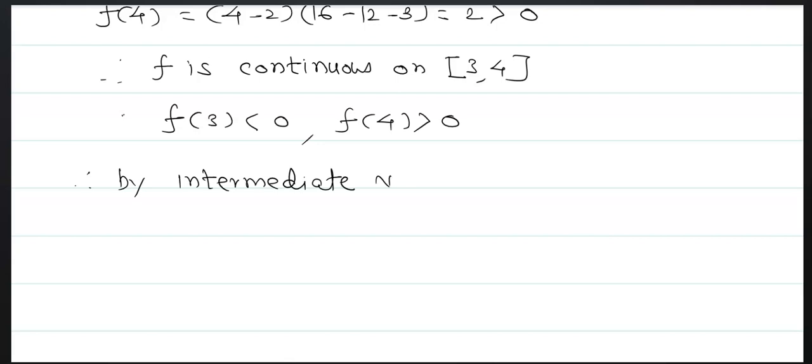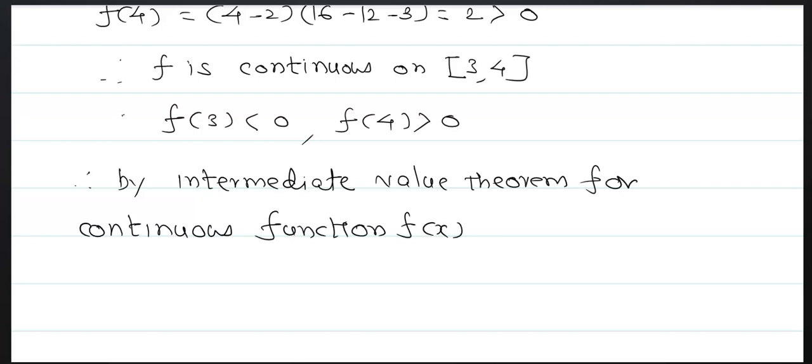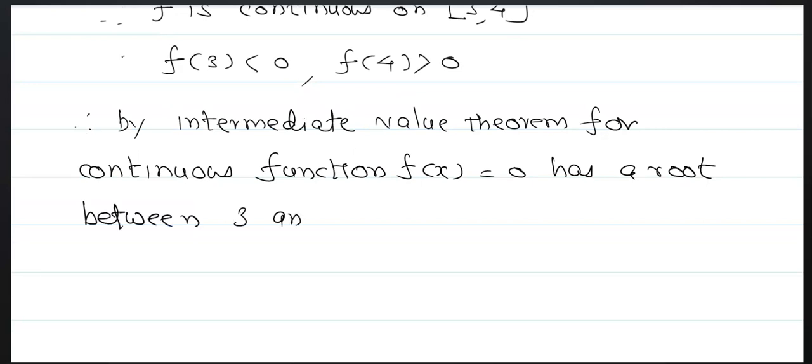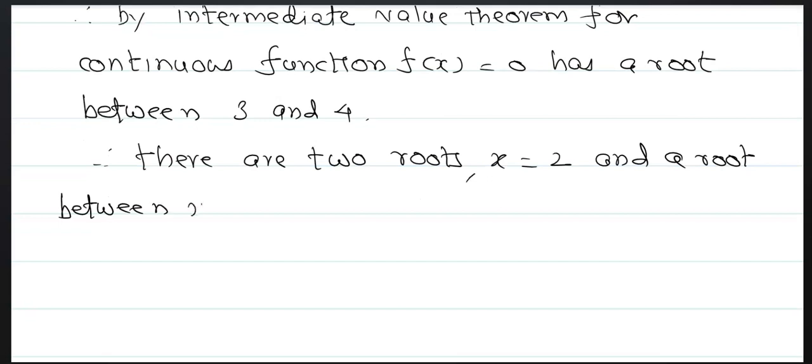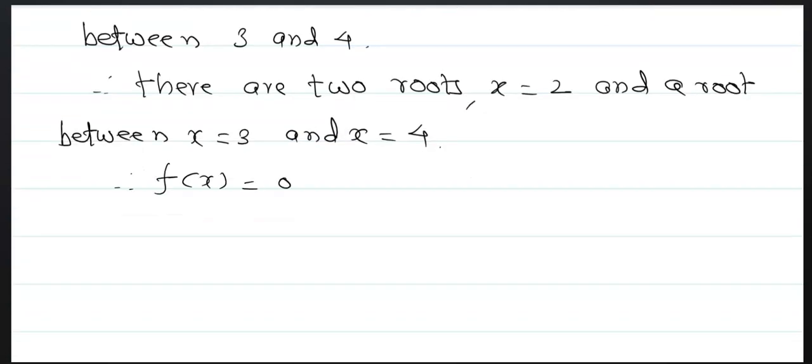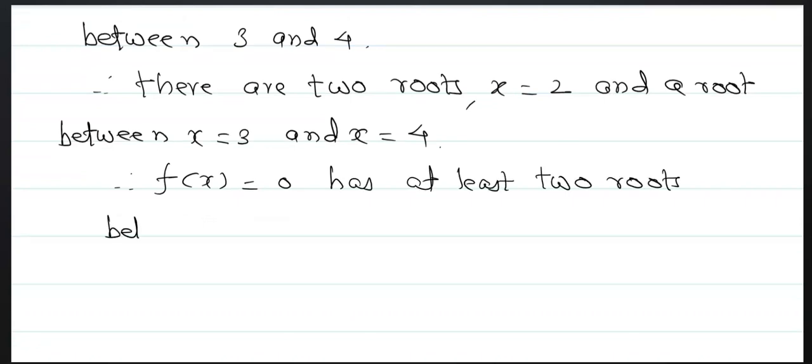By the intermediate value theorem for a continuous function, f of x is equal to 0 has a root between 3 and 4. And therefore, there are two roots, x is equal to 2 and a root between x is equal to 3 and x is equal to 4. And hence f of x is equal to 0 has at least two roots between 1 and 5.